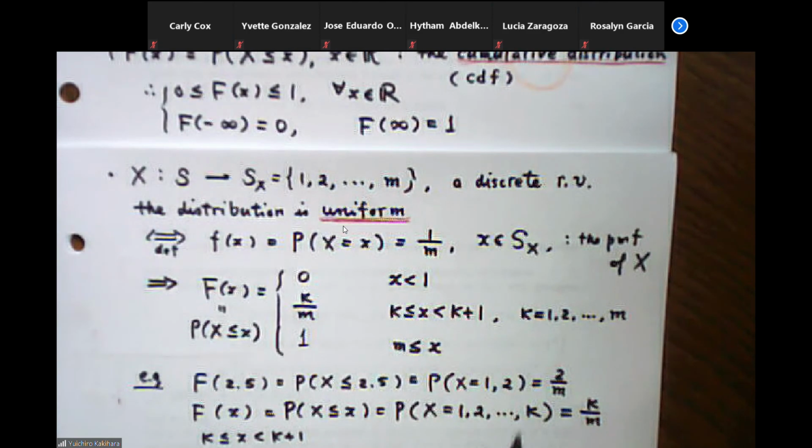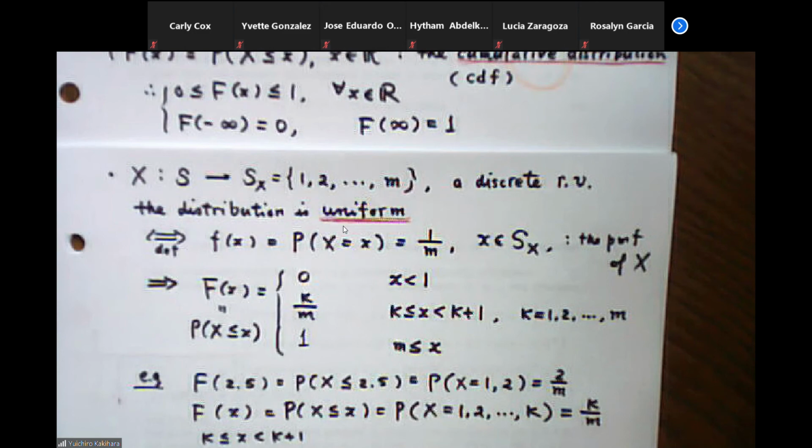So we have to classify. We have to consider these cases. Looks like 3 cases, but actually we have n cases over here. But it's okay, gather them in one case. So this is the cumulative distribution function of this uniform distribution.